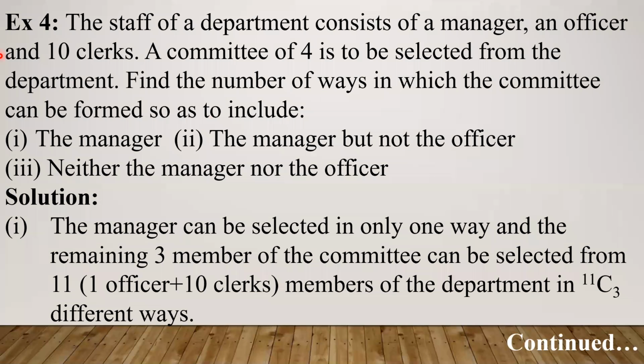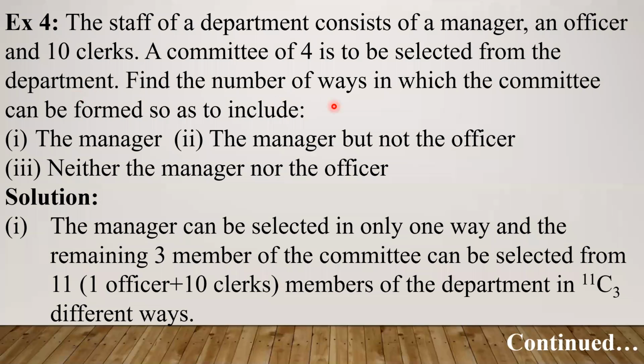Let us see the next problem now. The staff of a department consists of a manager, means there is one manager, an officer, means one officer, and 10 clerks. A committee of 4 is to be selected from this department.